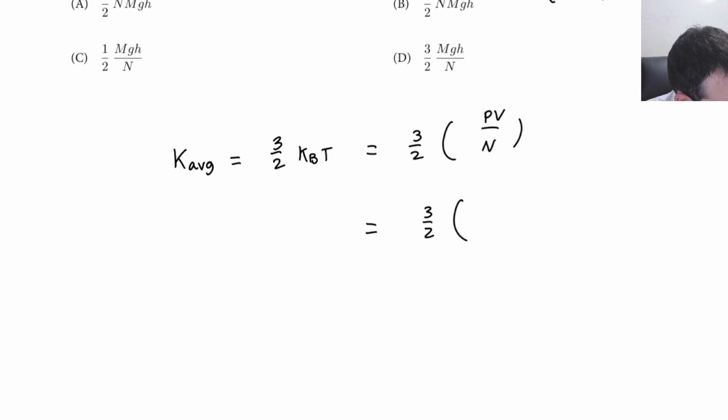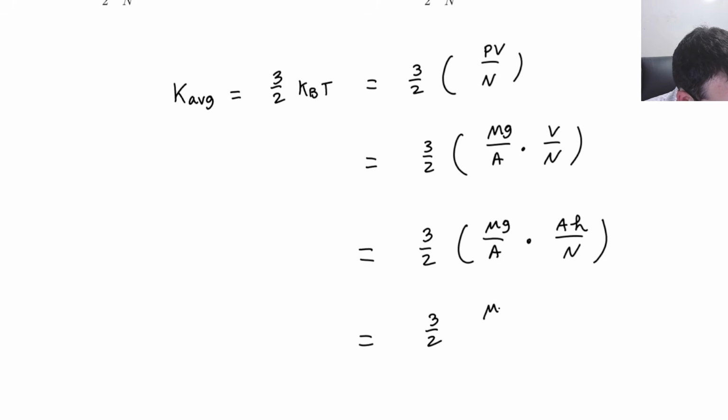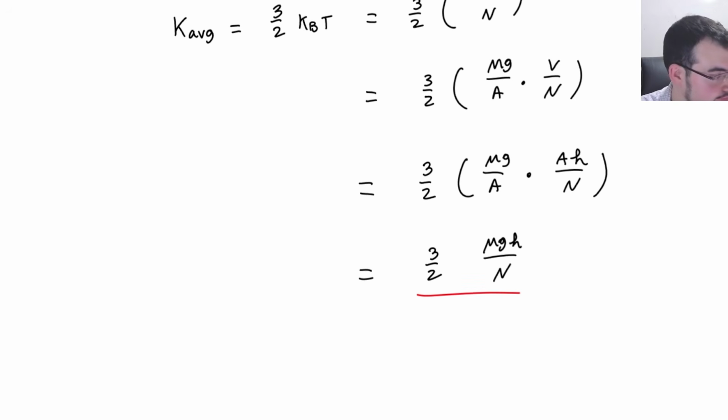So P was just mg over A. And then finally, what is the volume of this container? Well, the volume of this container would be its cross-sectional area A times its height h. So we get 3/2 mgh over N. Wow. Good job if you got that one.